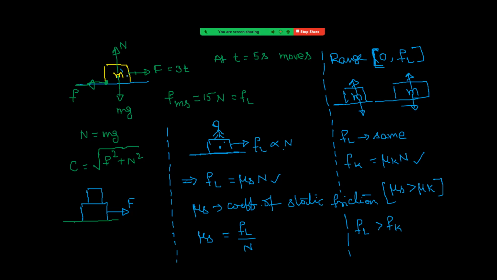With lesser force, we can maintain constant velocity. The reason is that once a body comes into motion, friction becomes kinetic. And since mu k is less than mu s, the frictional force, meaning kinetic friction, is less than limiting friction. So if we apply this force, then net force becomes zero.